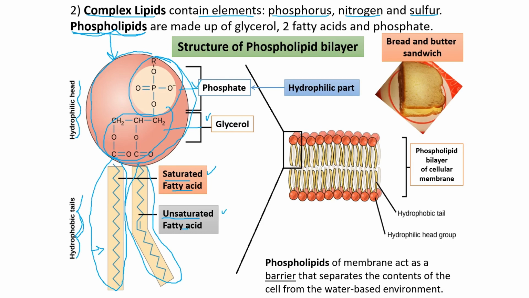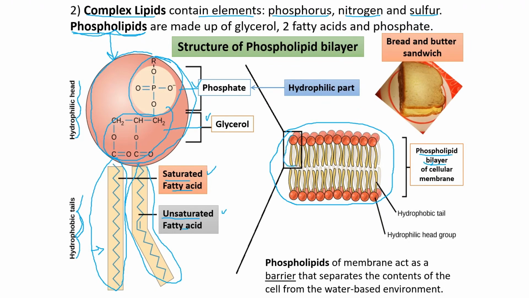If we put several phospholipid molecules on top of water, the phospholipids automatically self-organize, without any outside influence, into the phospholipid bilayer shown here. Bilayer means two layers.